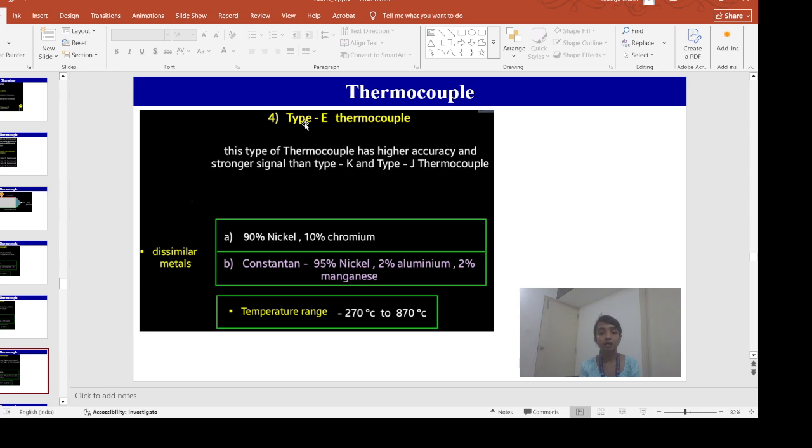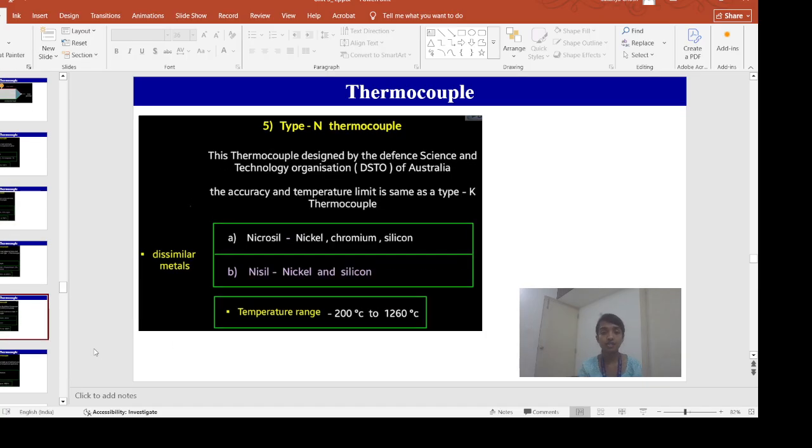Next is type E thermocouple. They have higher accuracy and are stronger than the previous type K and type J thermocouples. Here one material is 90% nickel and 10% chromium. Another material is constantan. The temperature ranges between minus 270 degrees Celsius to 870 degrees Celsius. Next is type N thermocouple.